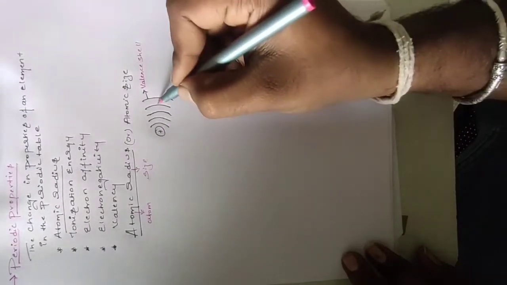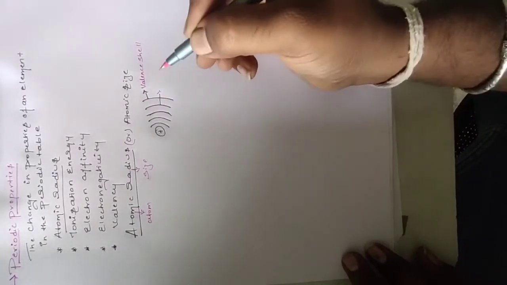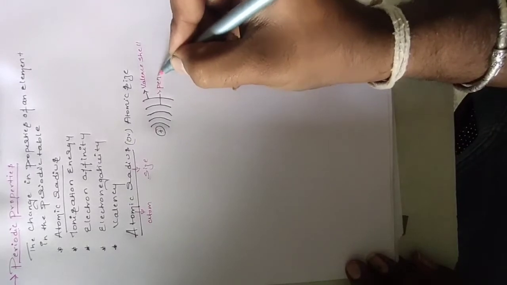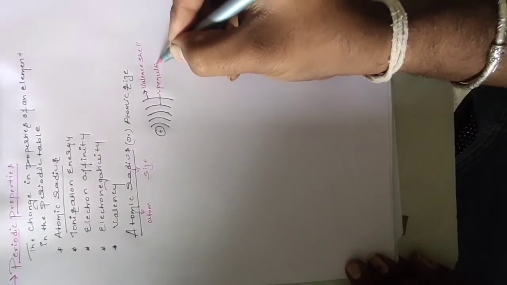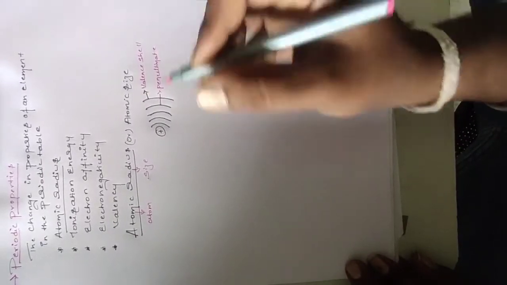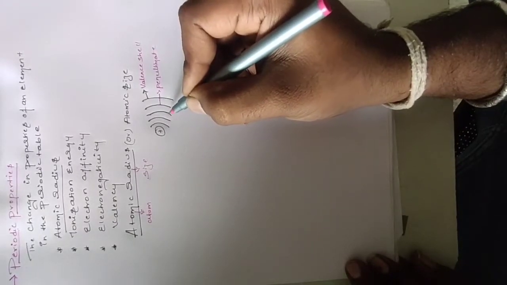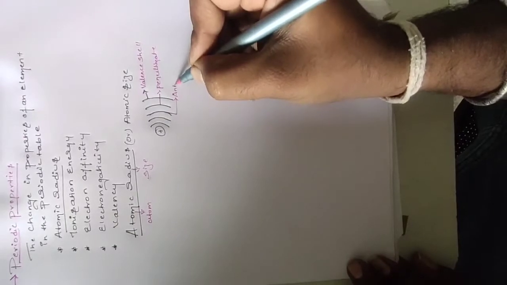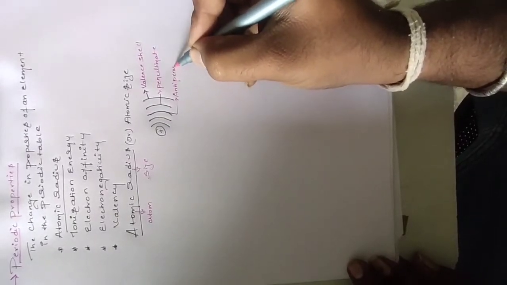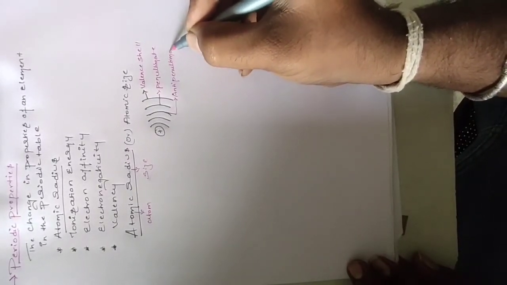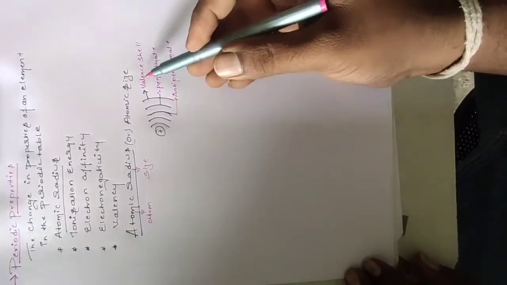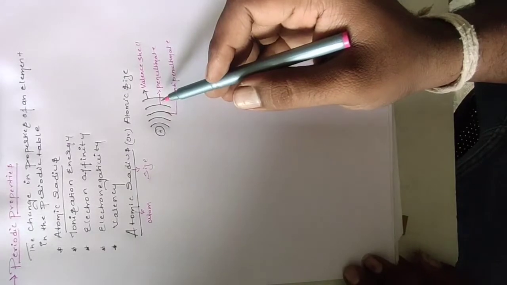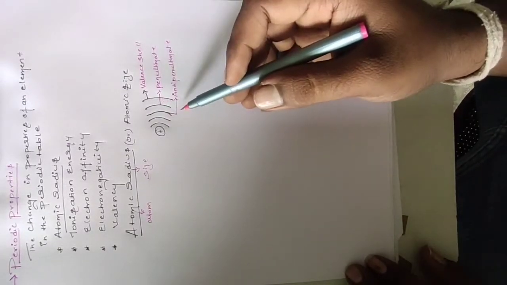The last second electron shell we call the penultimate shell. The last third we call the anti-penultimate shell. Okay, last one is valency shell, last second is penultimate shell, last third is anti-penultimate shell.